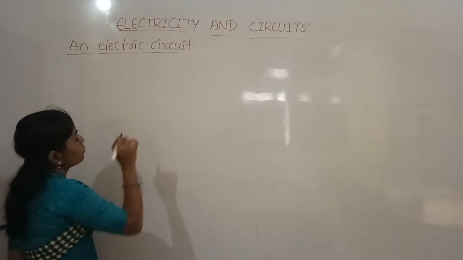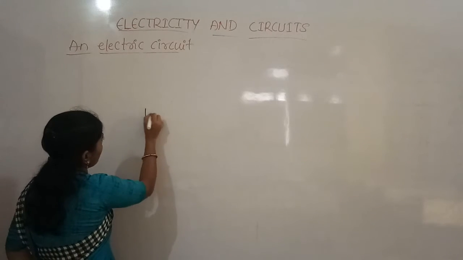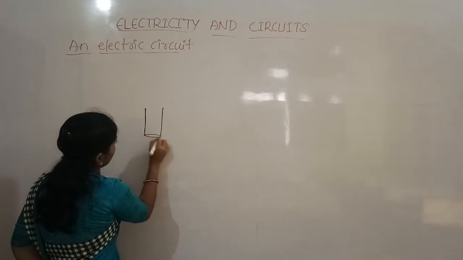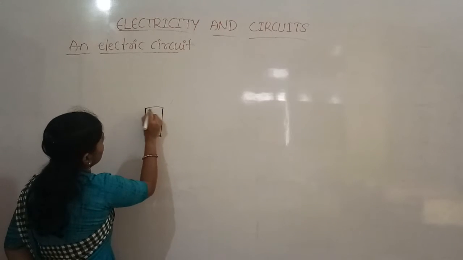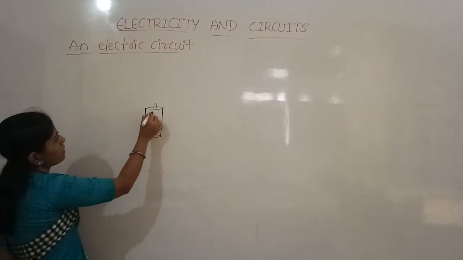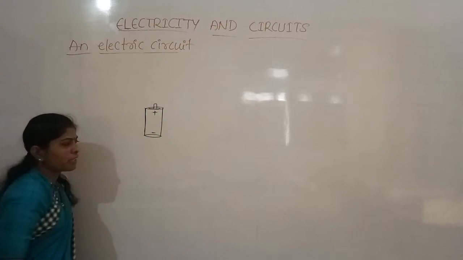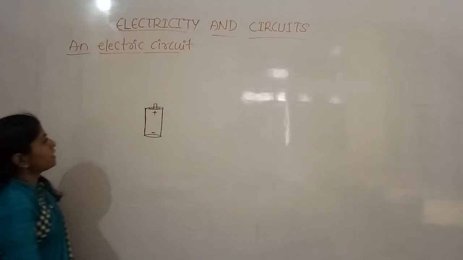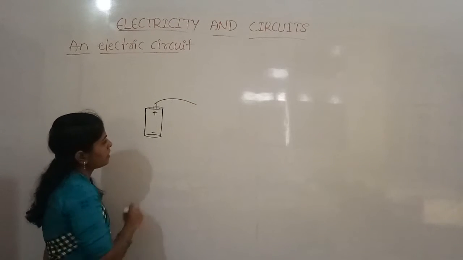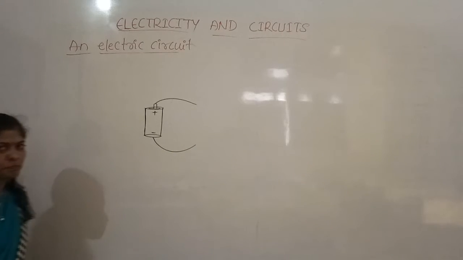To make the circuit we need a cell. This is the cell, and it has a base and a metallic tip. So this is the positive terminal and this is the negative terminal. Here this is connected with a wire, and this negative terminal is also connected with a wire.